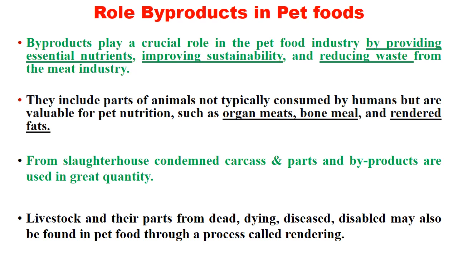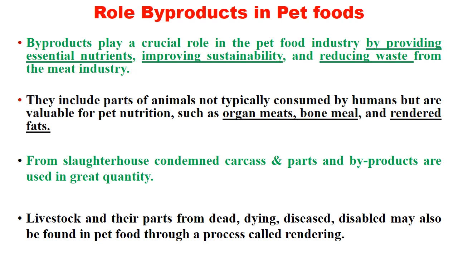These byproducts include the parts of animals not typically consumed by humans but are a valuable source of nutrients, like the organ meats, as I have already told, the bone meal and fat which comes from the process of rendering. From the slaughterhouse, other condemned carcasses and parts and byproducts are used in great quantity in pet food.